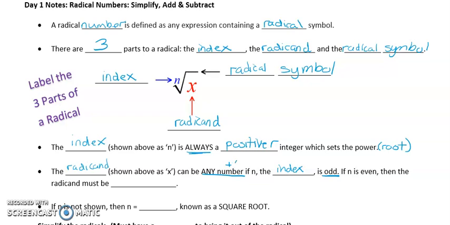That's what I mean when I say any number. It could be positive or negative, as long as that index, this little number outside here, is odd. But if your n is even, then your radicand must be positive.